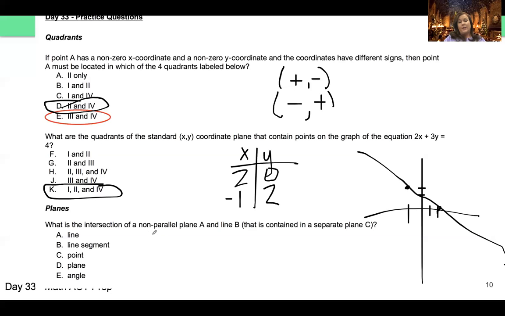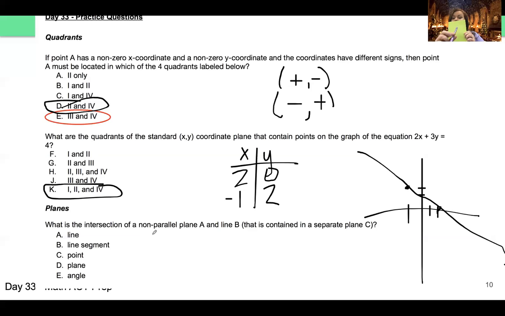Then the last one here, what is the intersection of a non-parallel plane A and line B that's contained in a separate plane C? And the reason they make that is because if you have a plane here and a line contained in it, it's going to intersect at every point.